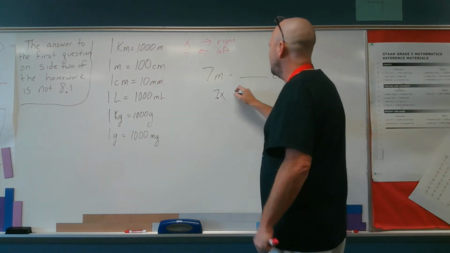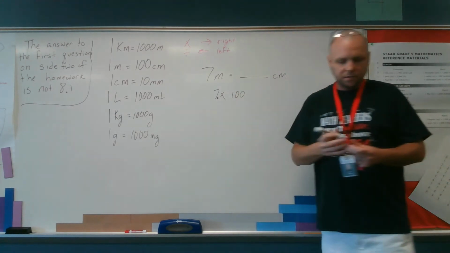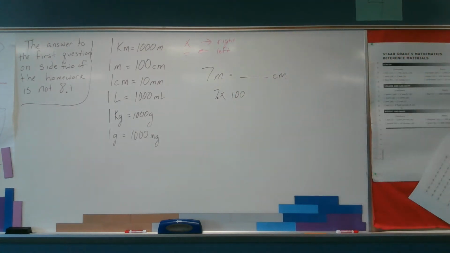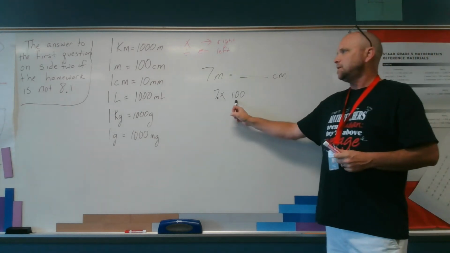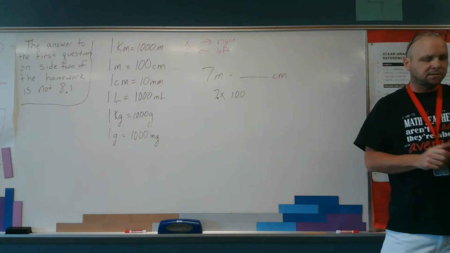So I'm going to multiply this by 100. Now multiplying by 100 just means I have to move my decimal point to the right 2 places.